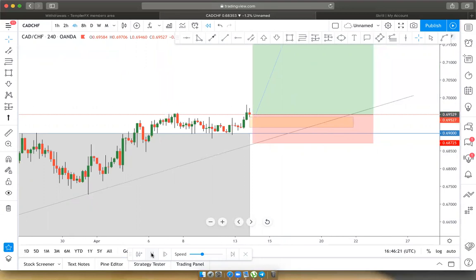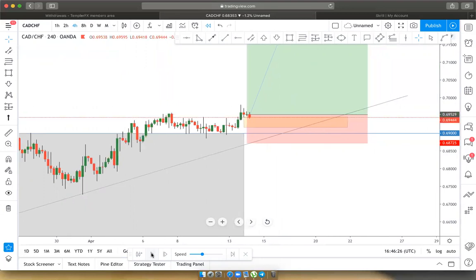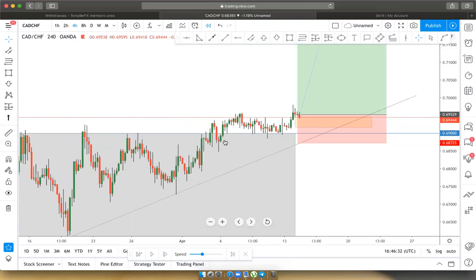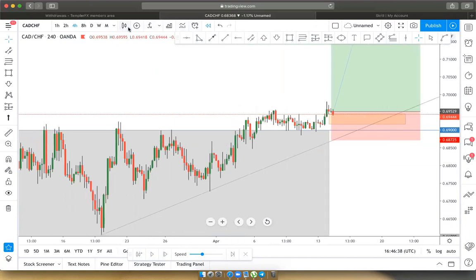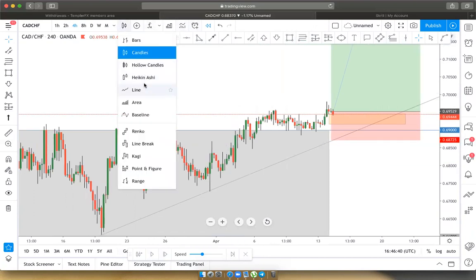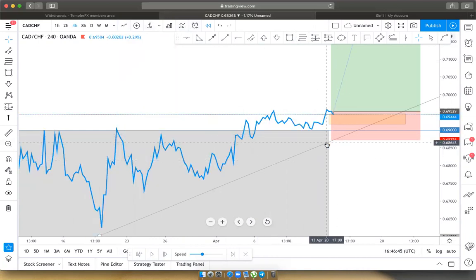Then what's happening? The price came like this, and this is the time that I called the trade. But also, this price had already broken this weekly level. And by that time, if I change this chart to the line chart, I can get this trend line.